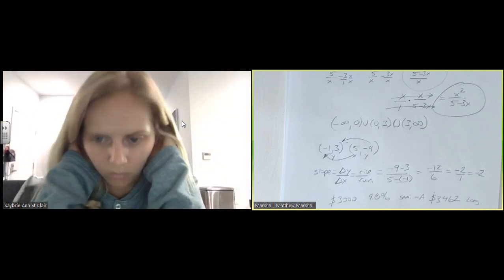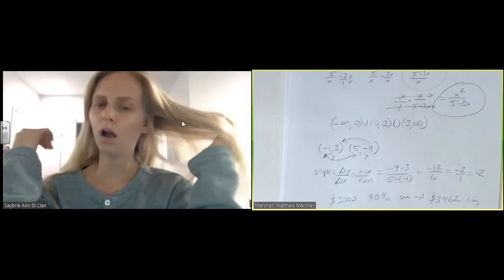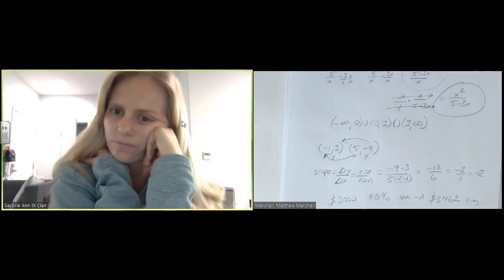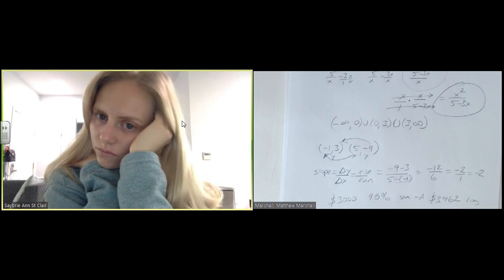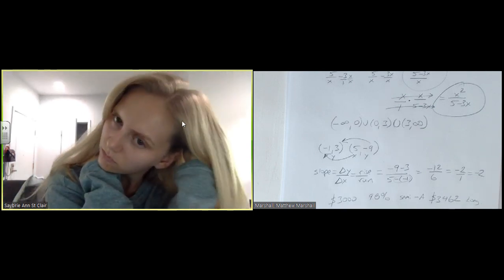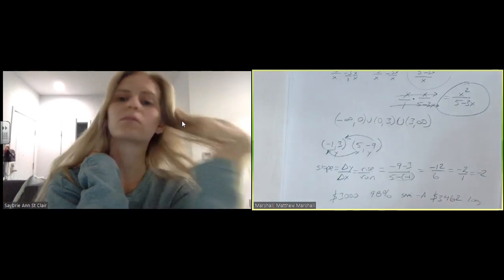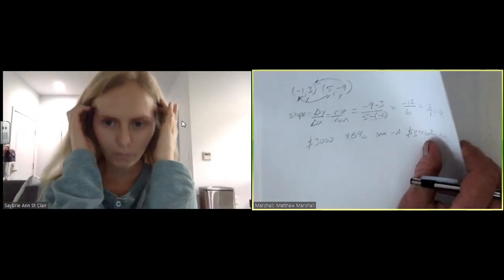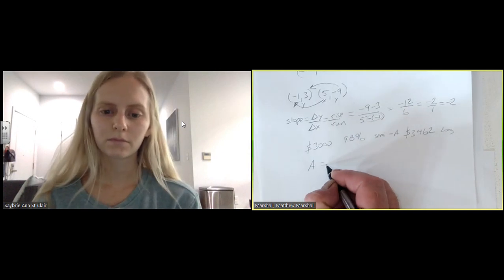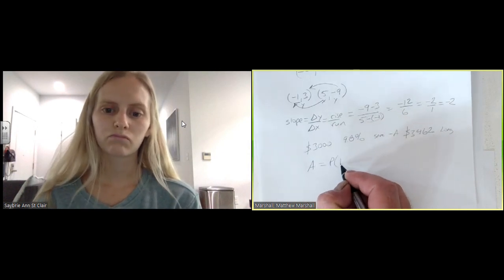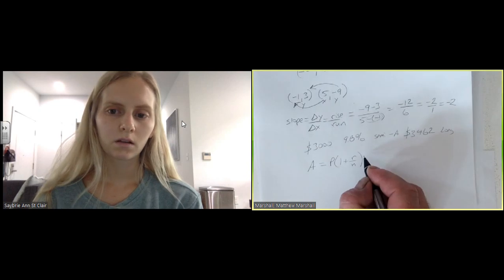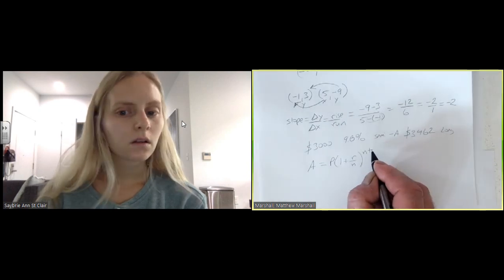Compound. Okay, so the formula, I had to look it up because I don't have it memorized, is that A equals P times 1 plus r over n, to the nt power.